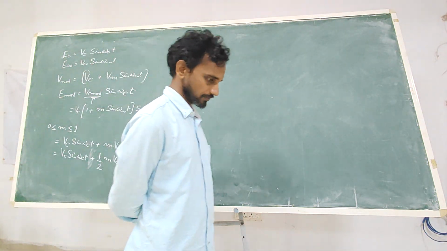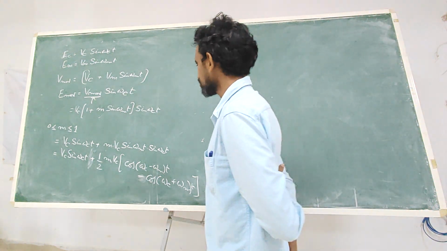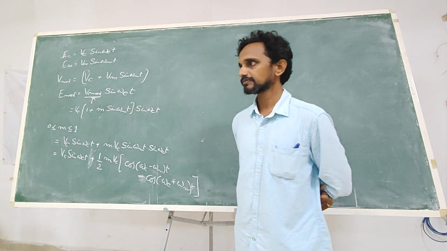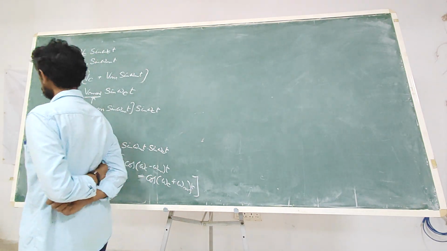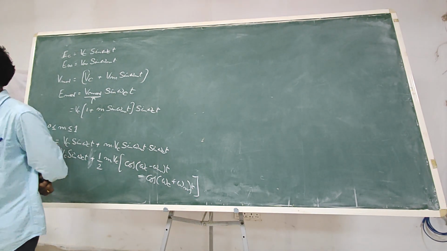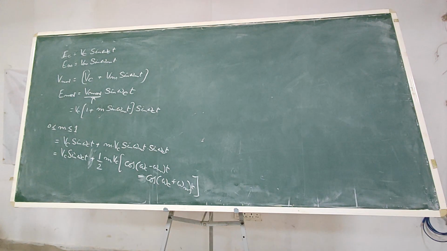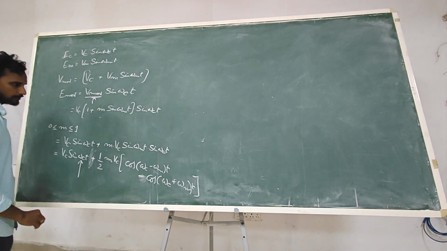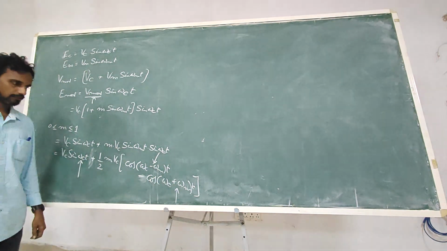The frequency of the carrier wave is larger. Even if you take omega m minus omega c, cosine is a symmetric function, so the negative sign will not come out of it. So in total we have the carrier frequency, a frequency less than the carrier frequency, and a frequency higher than the carrier frequency.